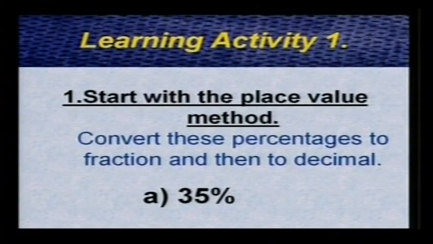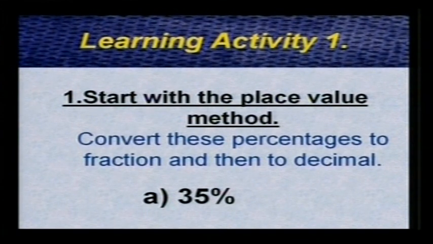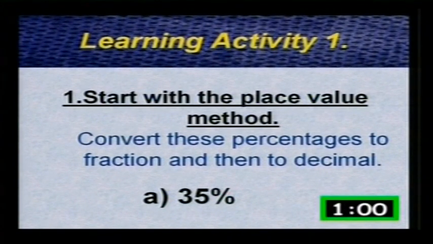Learning activity 1, we are to start with the place value method, and we have 35%. We are to convert this percentage to fraction and then to decimal. You have done that from the previous exercise as correction. It should be very easy. I give you only 1 minute to get that done.